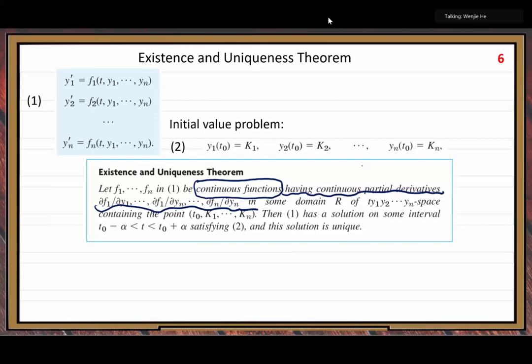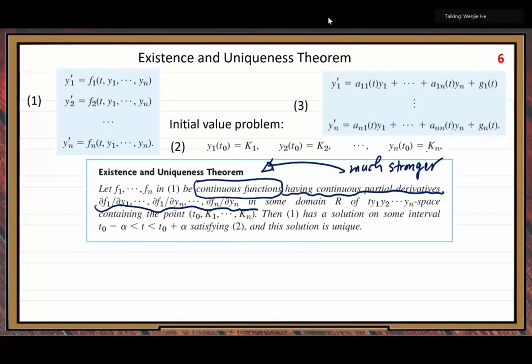The second part of the condition is much stronger than the first part, because continuous derivatives is much stronger than the original functions being continuous. So the main condition is that the partial derivatives are continuous. That's the existence uniqueness theorem.